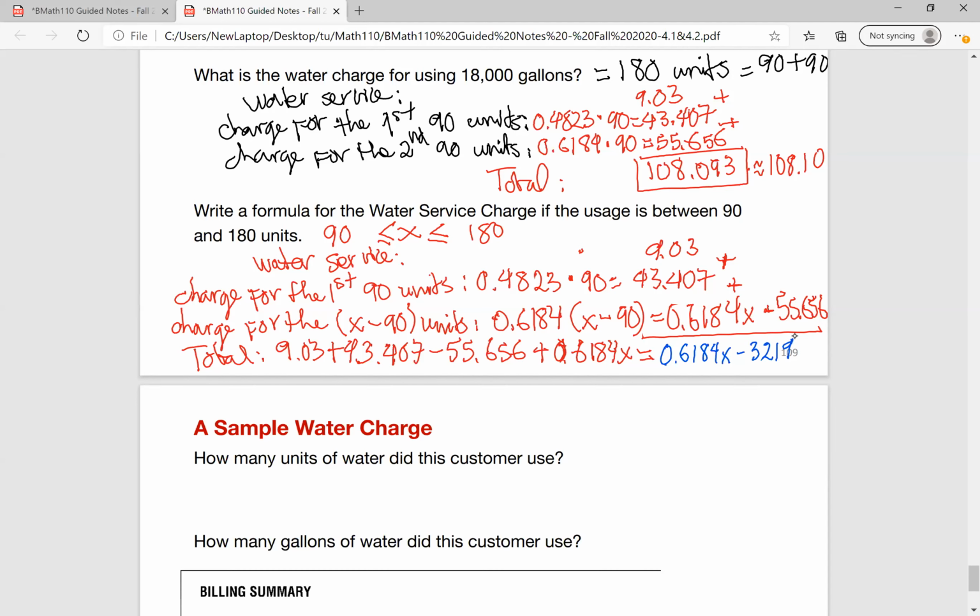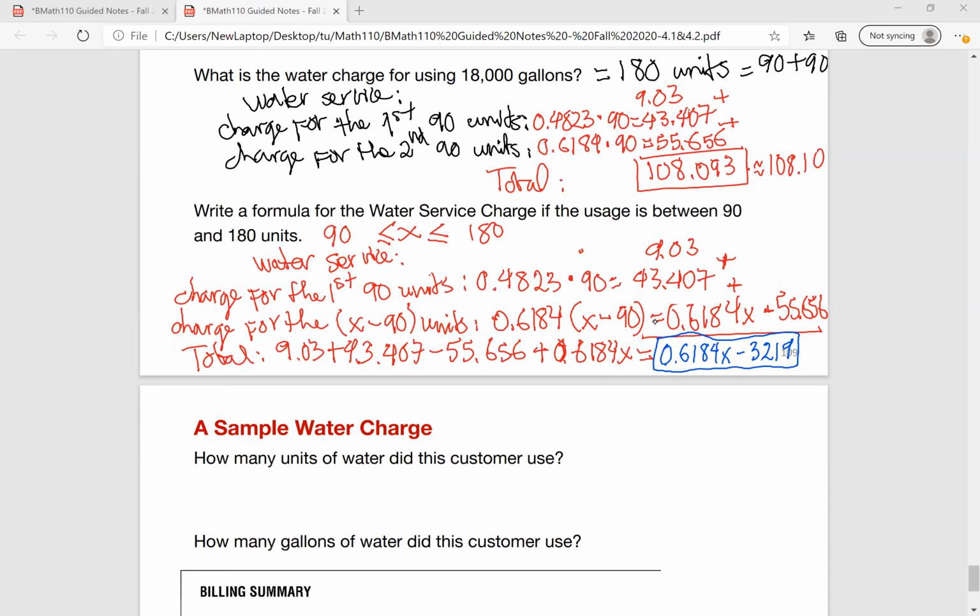So that should be the total amount if you use x units, which is greater than 90 but less than 180 units.